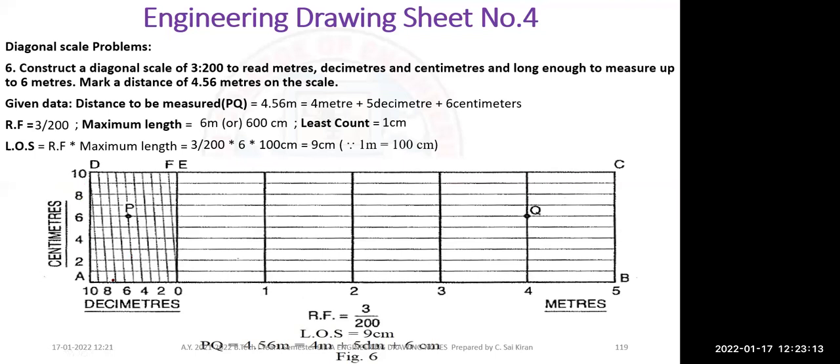Draw the line ABCD, then divide it into 6 equal parts, and then again divide this into 10 equal parts. Again you have to divide here, into 10 equal parts.